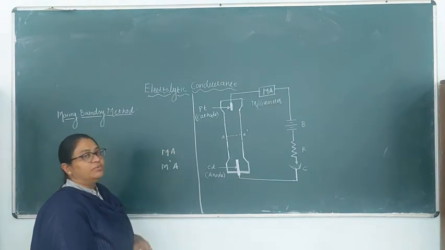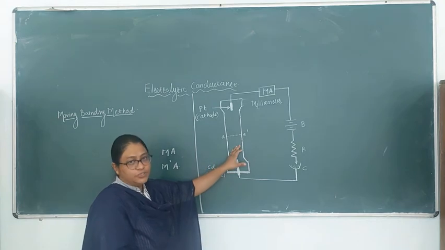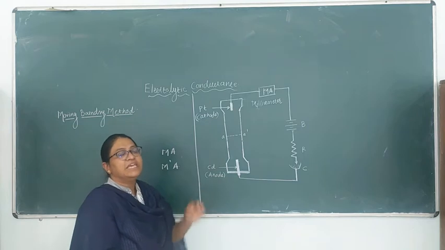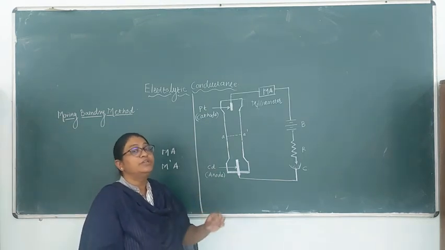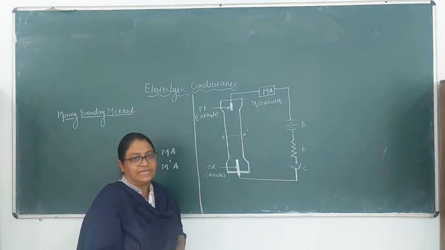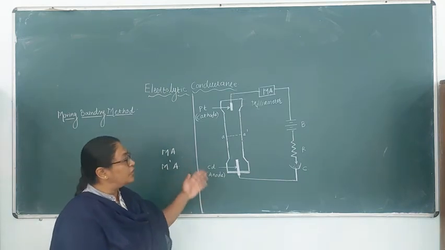Two such solutions are taken in a vertical tube. But these two solutions must leave a boundary between them. That means these solutions must not mix with one another. This is a very important condition for this method.